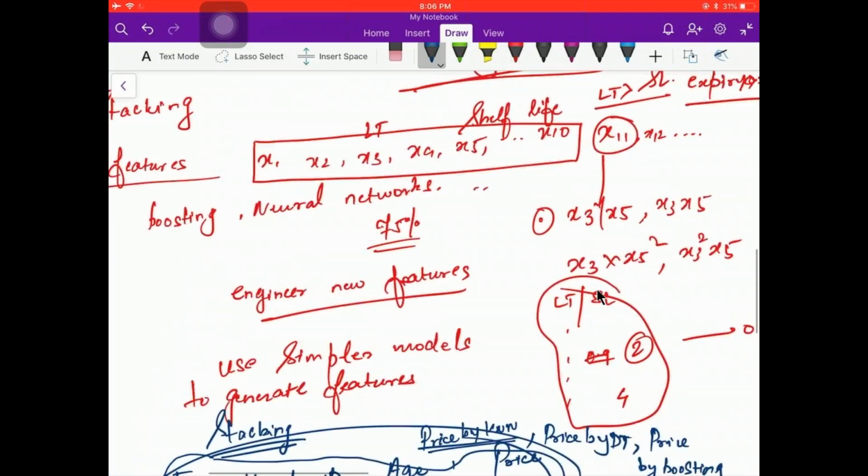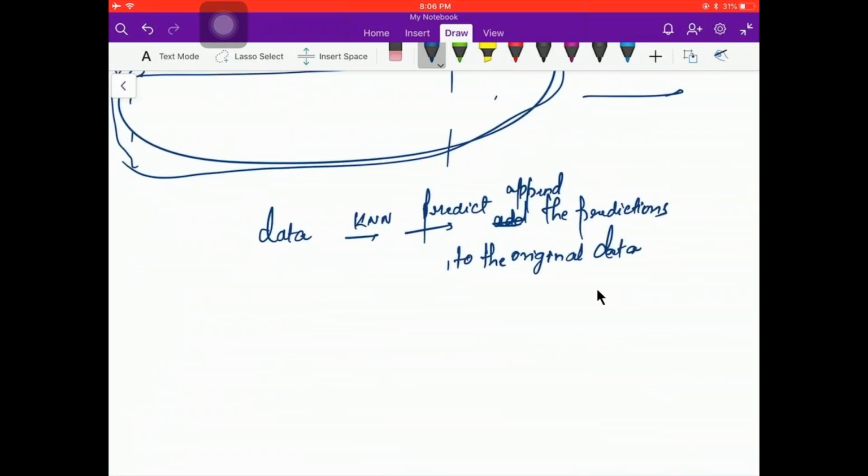Stacking is a fairly new concept. You might be very happy that you have the latest updates of whatever is going on in machine learning. Stacking is a very new concept, so people do experiments with models. There's also something called ensembling that I told you about.